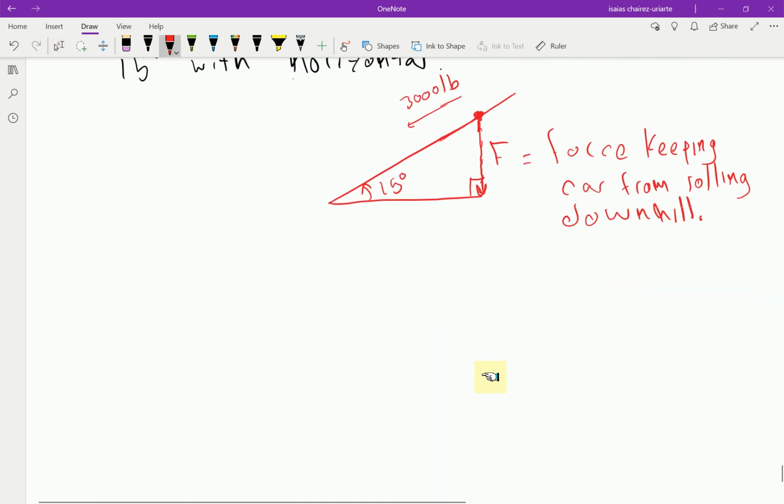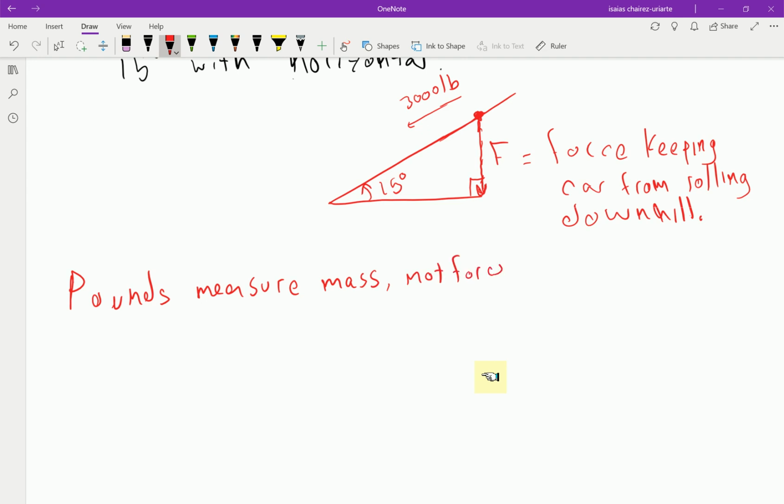And the first thing I got to tell you is that, well, pounds is a measure of mass. Not force. So I'm going to have to, in a sense, translate my pounds into force. So we need to do some conversions here, which is kind of unfortunate.